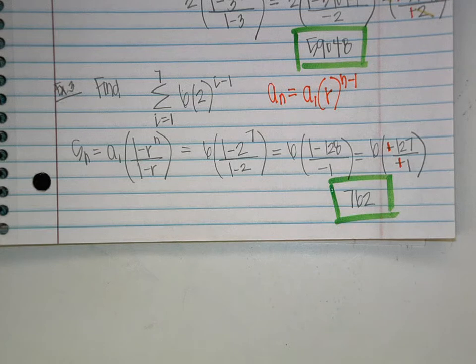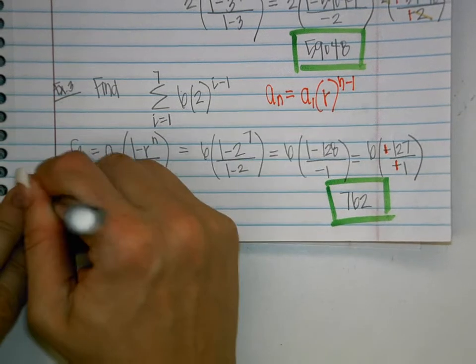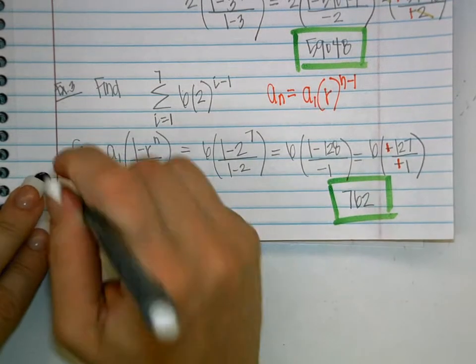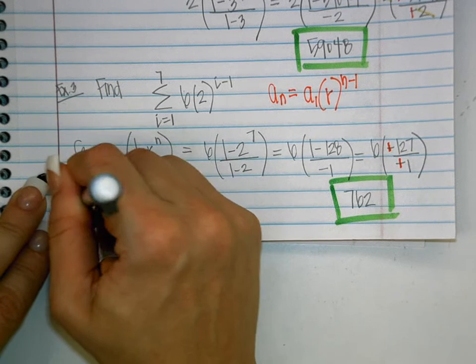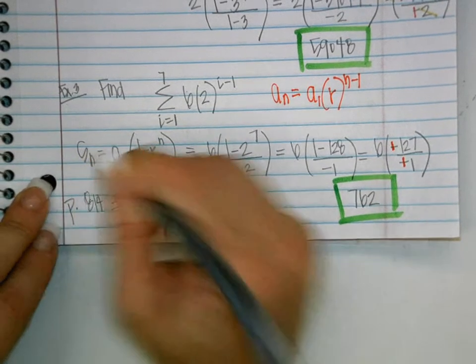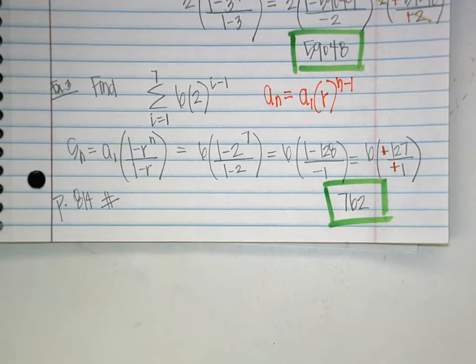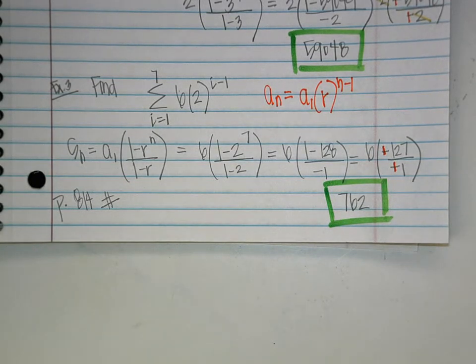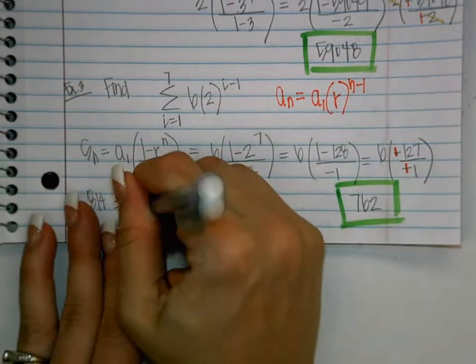Okay, make sure that you write down the homework for this. Homework is going to be on page 814. You are doing numbers 3 through 36, multiples of 3.